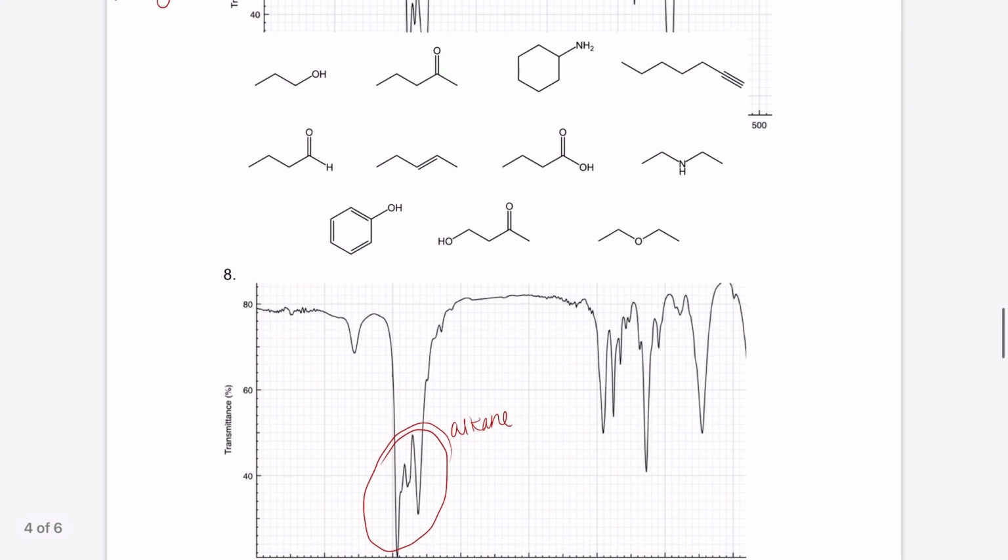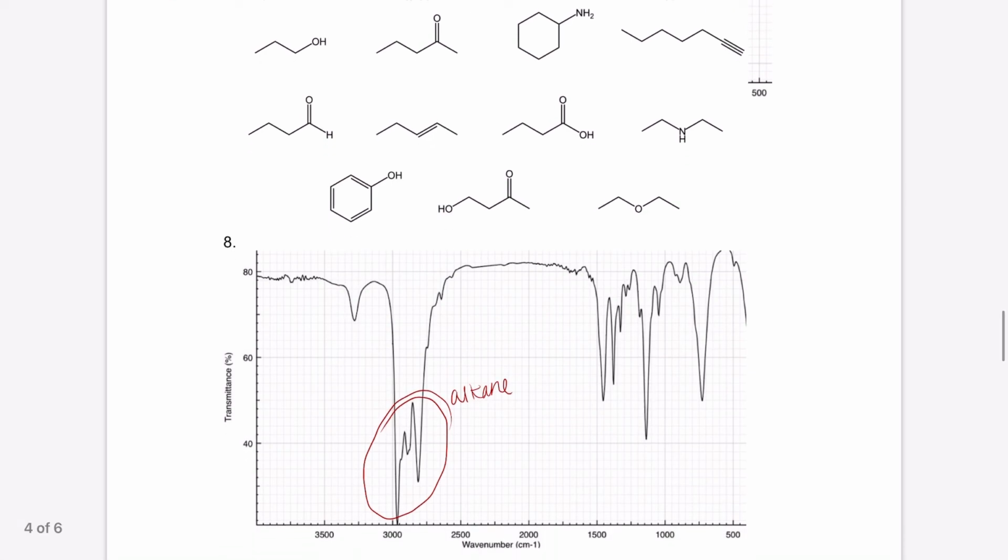And then we know that we're not looking for an alkyne or an alkene. We don't see a carbonyl group. We don't see a band around 1,700. Again, we could use process of elimination. However, we have a single stiff peak around 3,300.